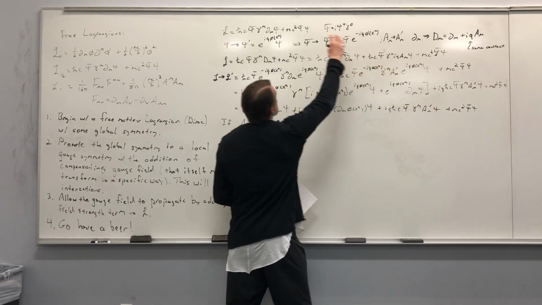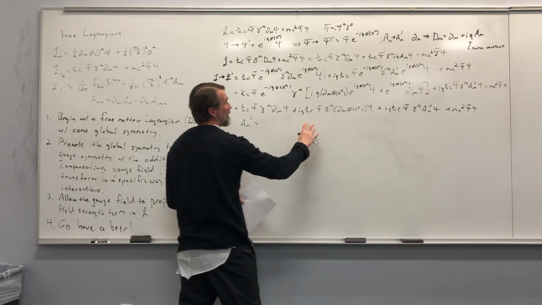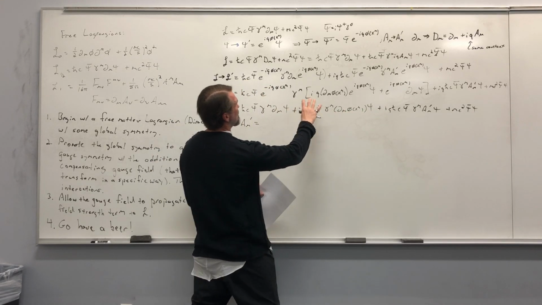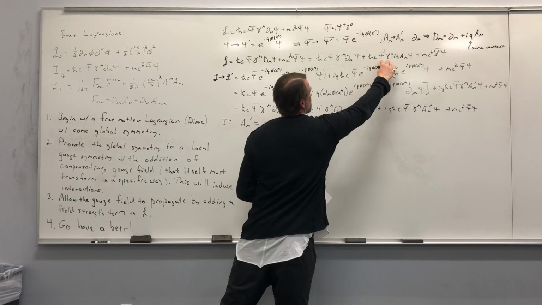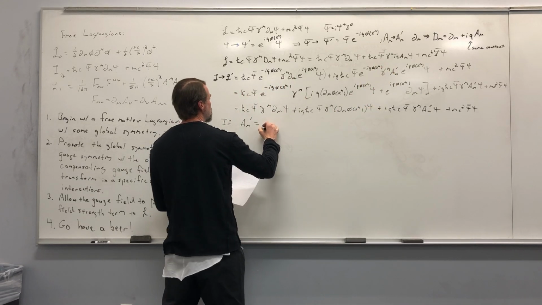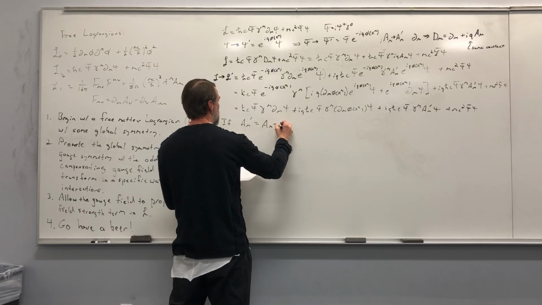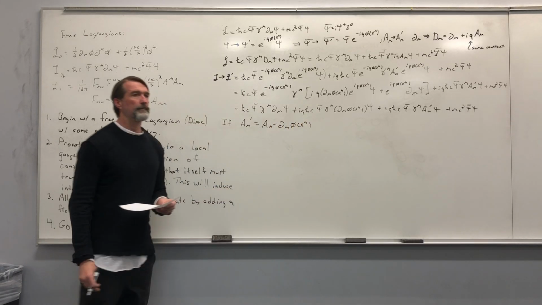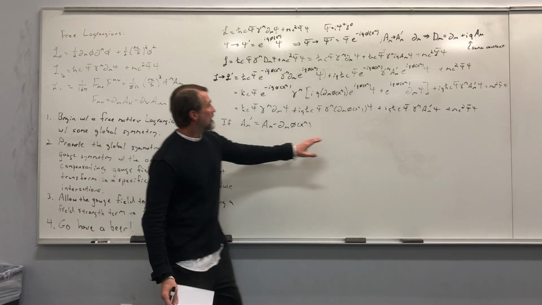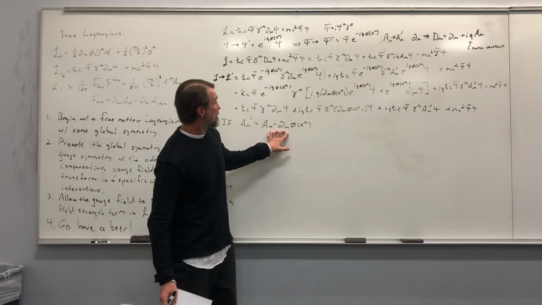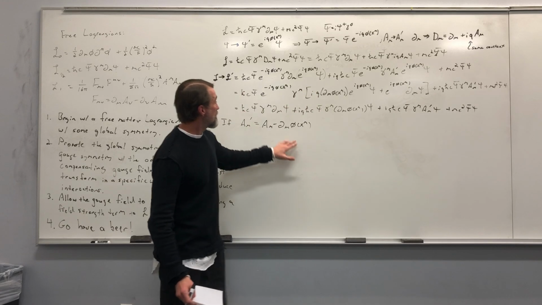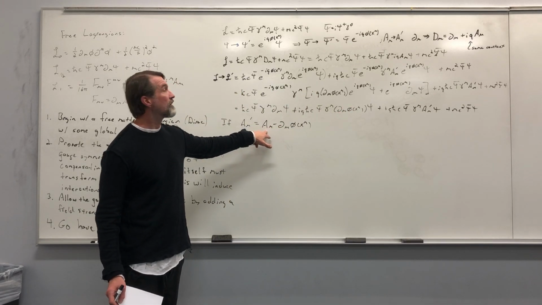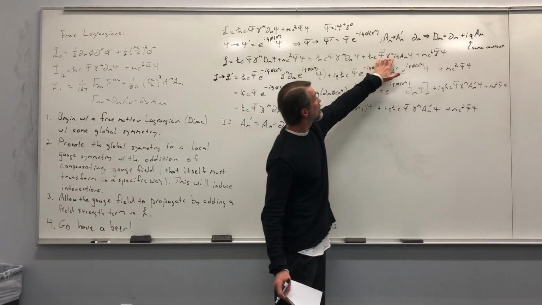This term is exactly what we started with. This term is kind of like what we started with, but if I make A'_μ = A_μ - ∂_μφ(x^μ), then if I plug this in for A'_μ, this term is going to cancel that term, and I'm going to be left with A_μ. That is, I'm going to be left with this term.